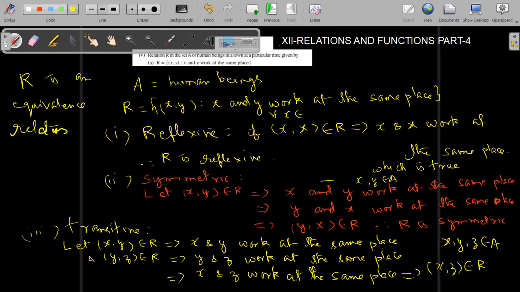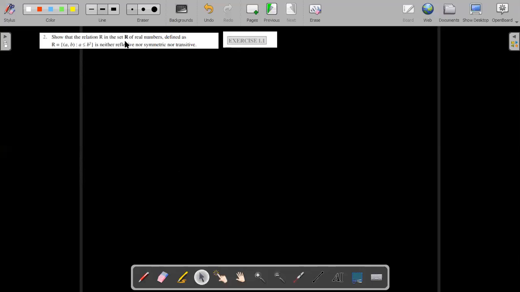So sometimes we have to do like this. Show that the relation R in the set R of real numbers. Set A is the set of real numbers. You should remember set A is the DNA of this. So we should first check what set A is.